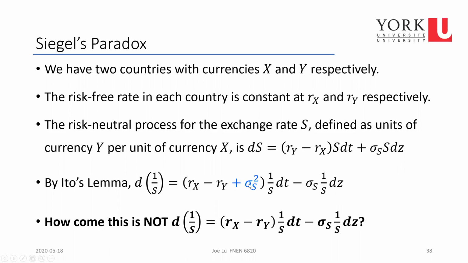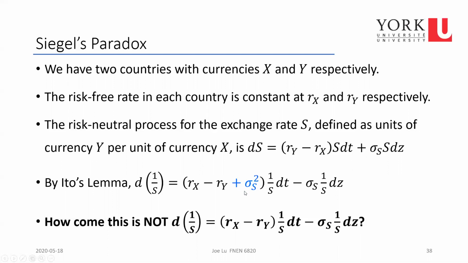Well, this is a little strange because people would have thought, well, the 1 over S is just the rate of interest rate difference, which is just switching Ry minus Rx to Rx minus Ry. And here is 1 over S and sigma as 1 over S here.